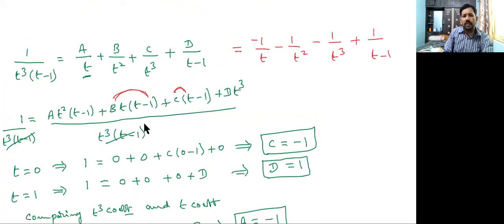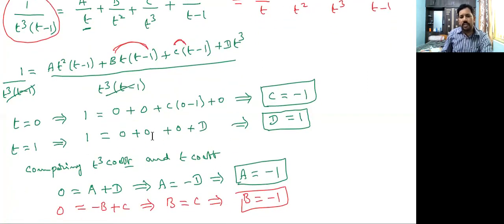This is the final value of 1/(t^3 (t − 1)). Students, have you understood how I am doing partial fractions, how we are using the substitution method and comparing the coefficients?